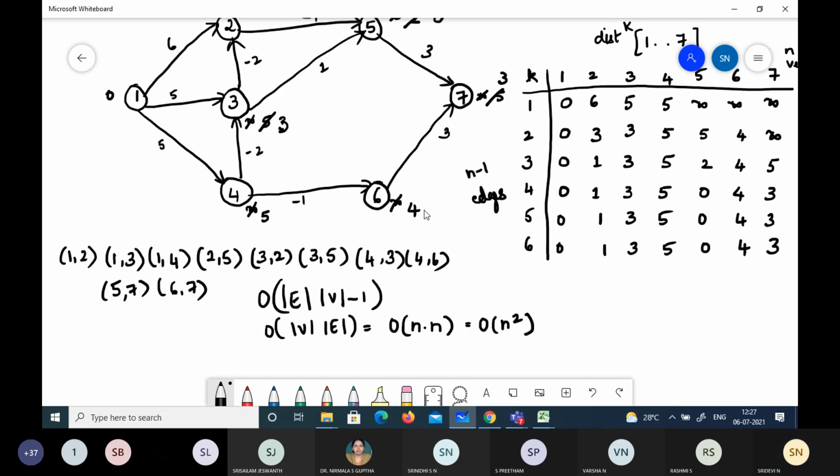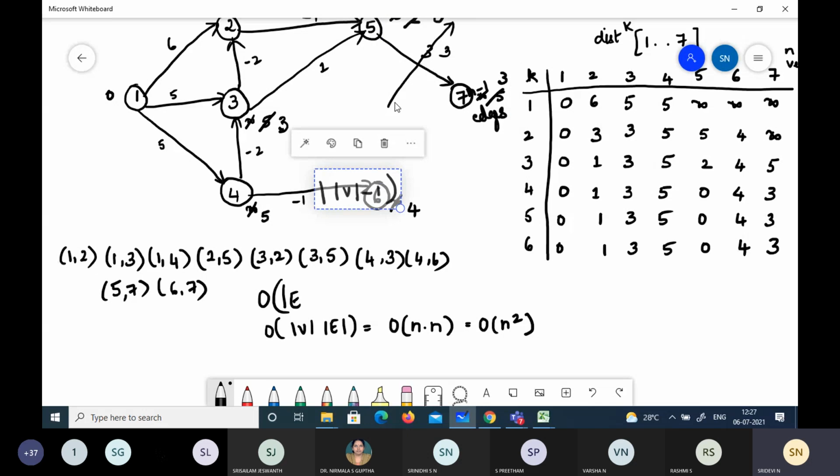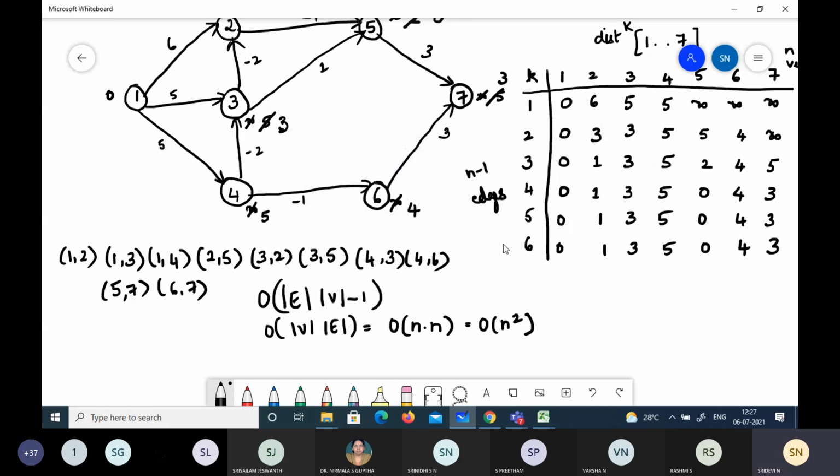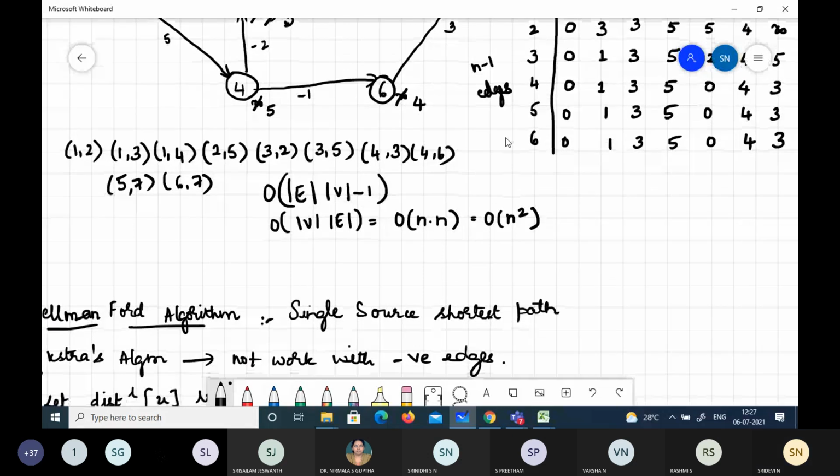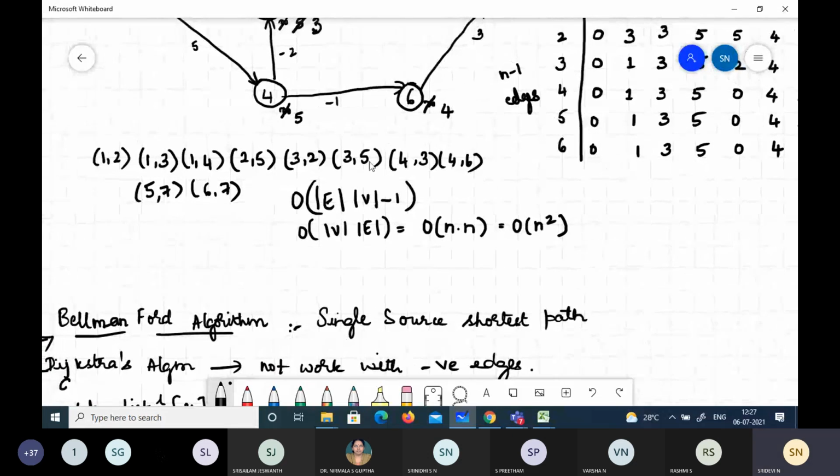So in that case, I'm just telling what will be the time complexity in that case. So in that case, we are talking about a complete graph.